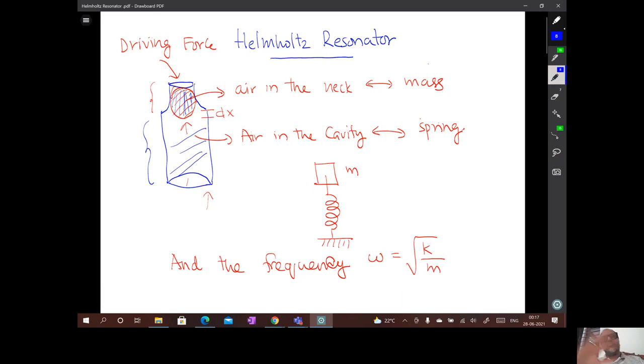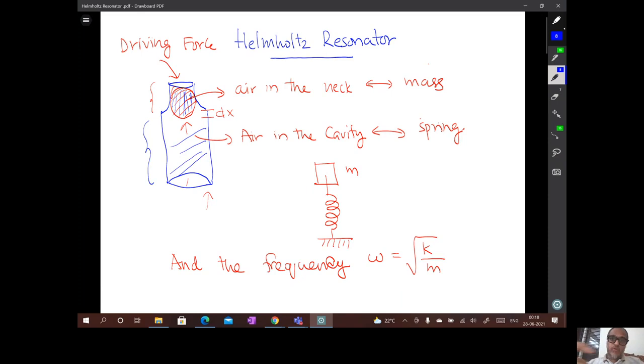There are a lot of applications for the Helmholtz resonator, as I was mentioning in the demonstration: perforated absorbers in auditoriums. Cars use the Helmholtz resonator, and the violin, guitar and so on have a hollow part on which you have strings, right?